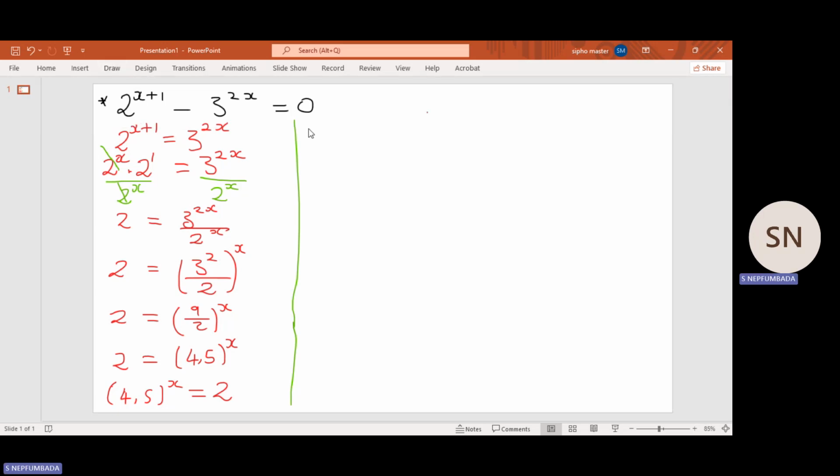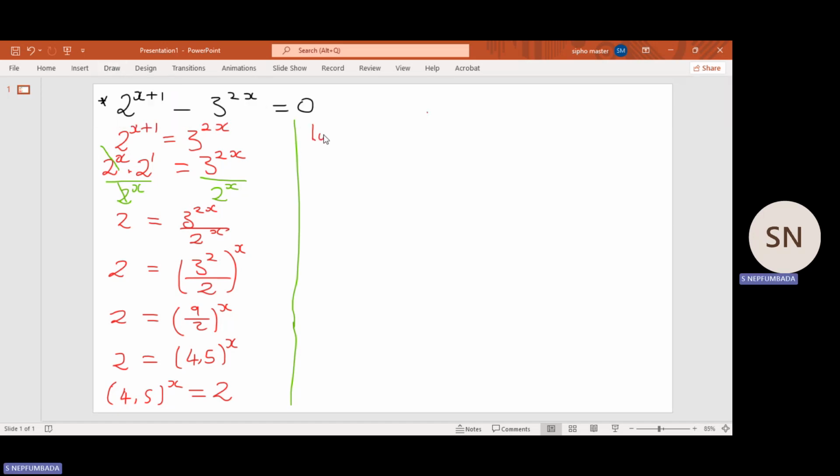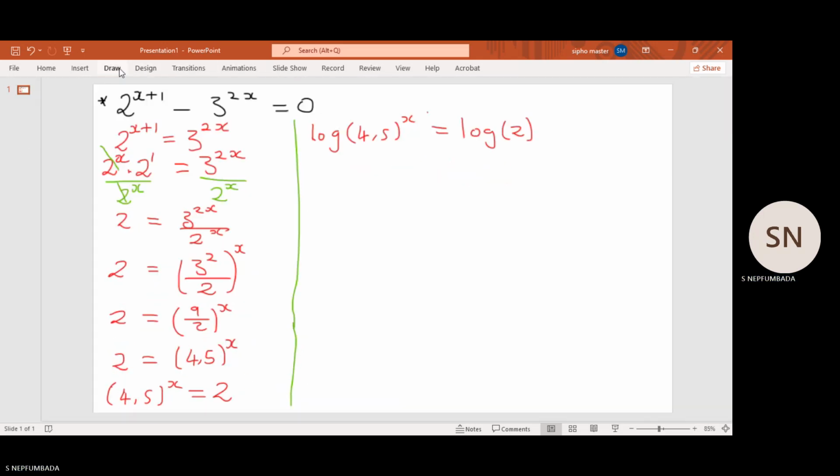We're going to have log of 4.5 with the exponent of x equals log 2. Remember, from the log rule, if we have log a to the exponent of b, this is the same as b log a.